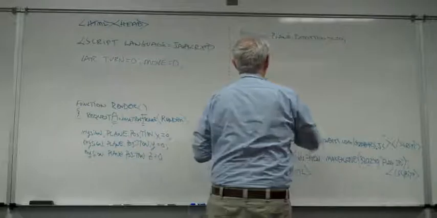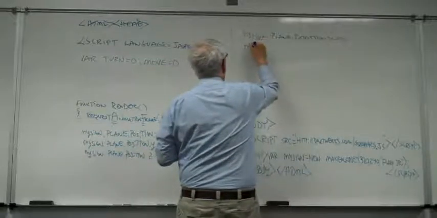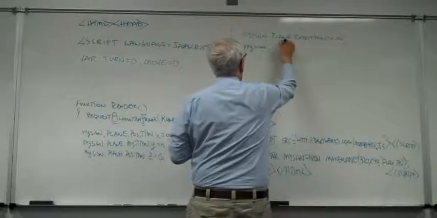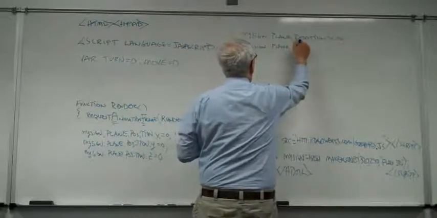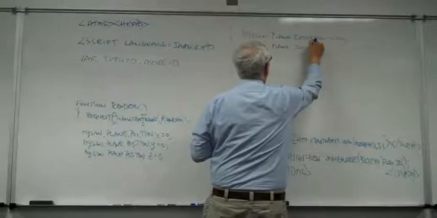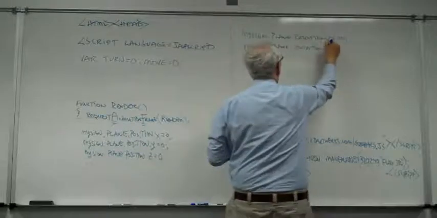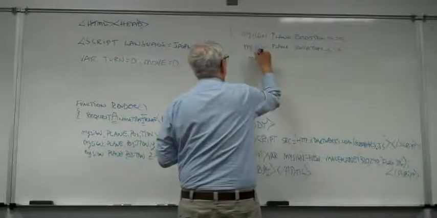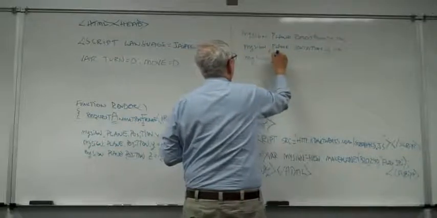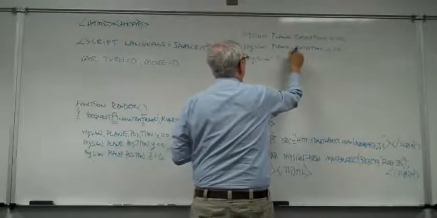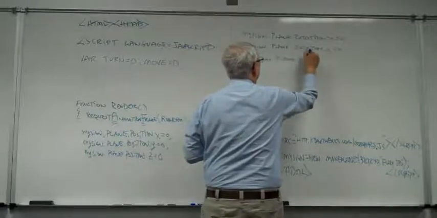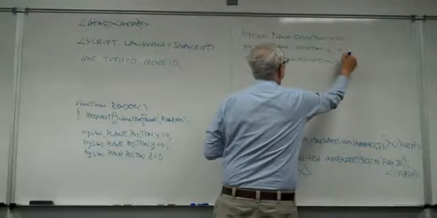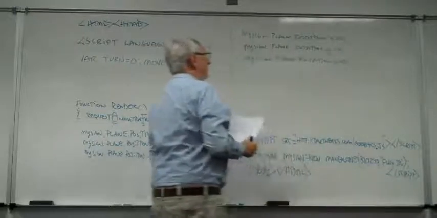Rotation 0 on the x-axis. My sign dot plane dot rotation dot y equals 0. My sign dot plane dot rotation dot z 0. So it has not rotated over any planes.